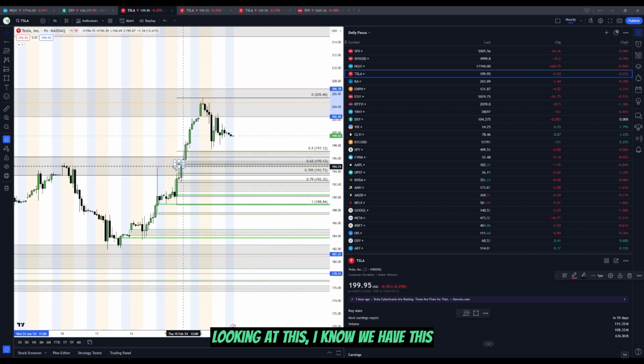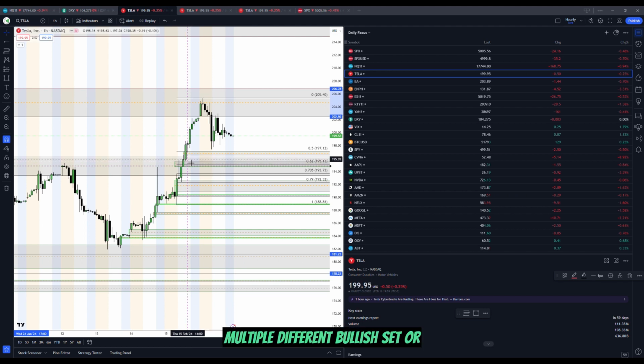And to me, looking at this, I know we have this breaker. The breaker's on the daily. We see it clearly. We see it here on the hourly. It's also in discount of this range. Also lines up very nicely with this bullish imbalance here on the hourly.